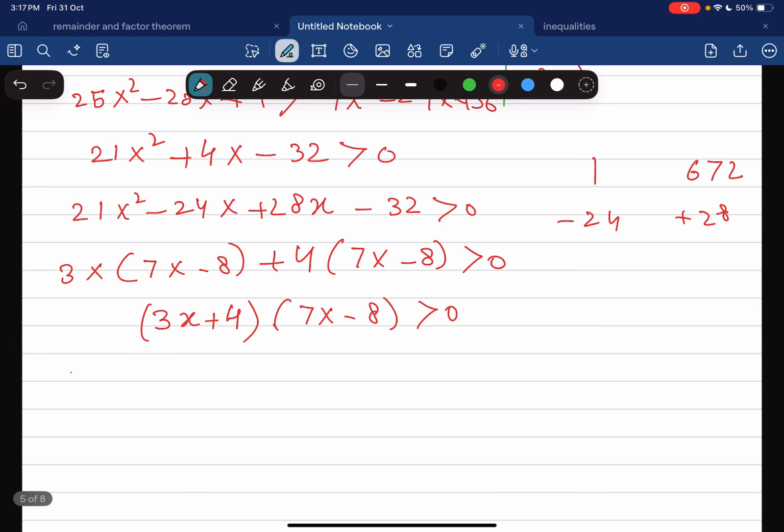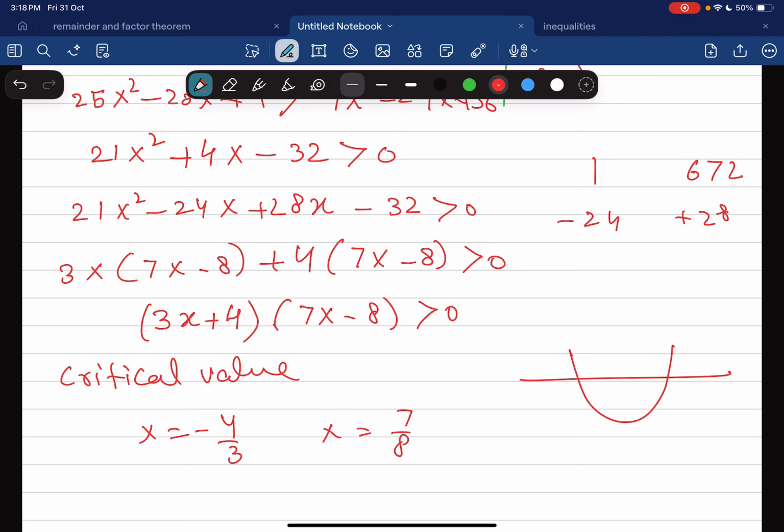Now we take the critical values. x is minus 4 by 3 and x is 7 upon 8. This is again the greater part, meaning the open part, above this line. This side greater, this side less.